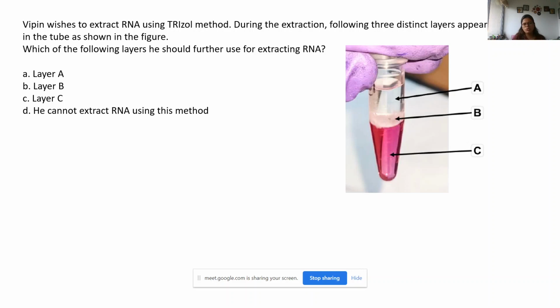You want to do proteomics, genomics as well as transcriptomics. So this is a very nice technique because from one single sample you can extract three different kinds of biomolecules. So trizol is very unique in this sense that you can target different kinds of biomolecules by a single method.